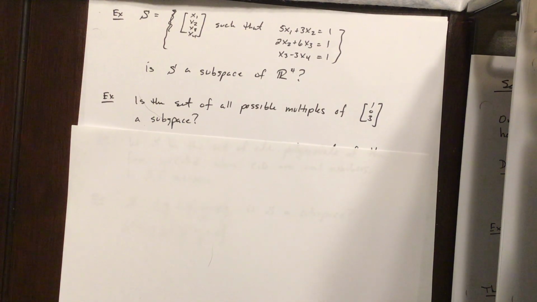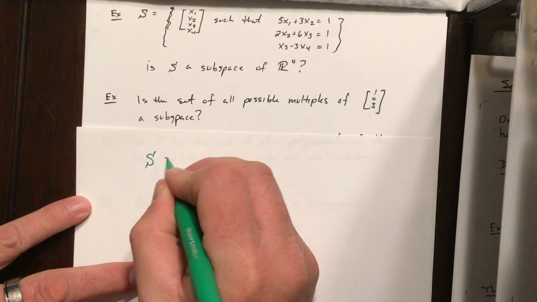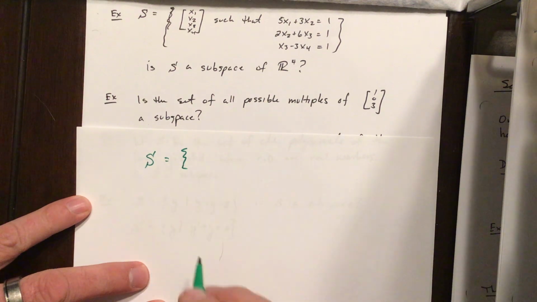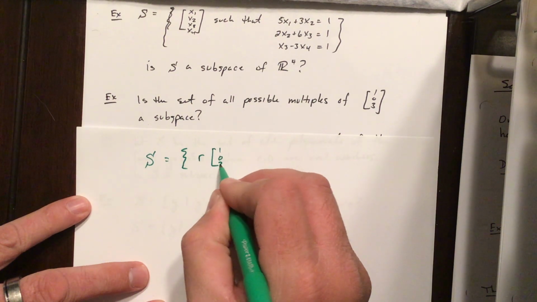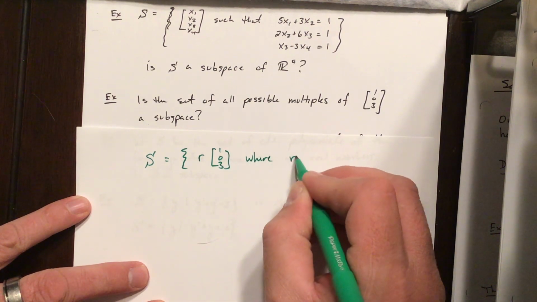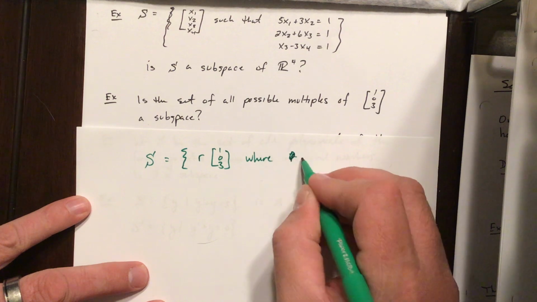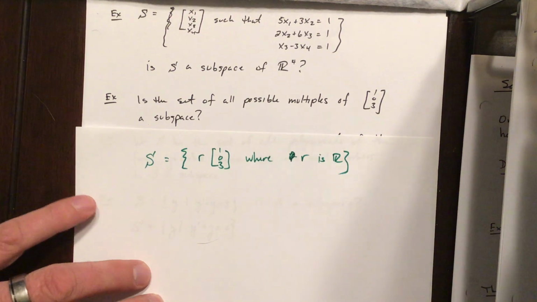Example 2. Is the set of all possible multiples of (1, 0, 3) a subspace? So you're looking at S as being the set of all possible multiples, r times (1, 0, 3), where r is real. It's a scalar.